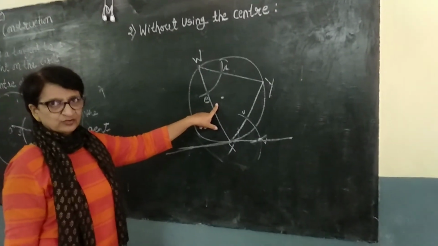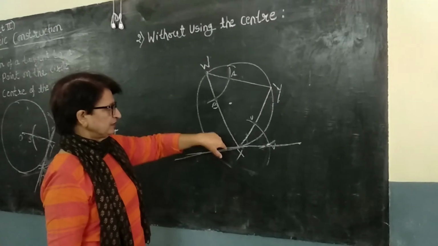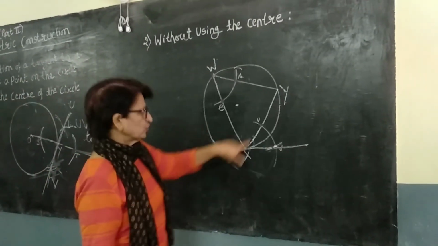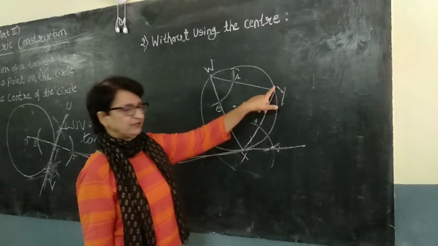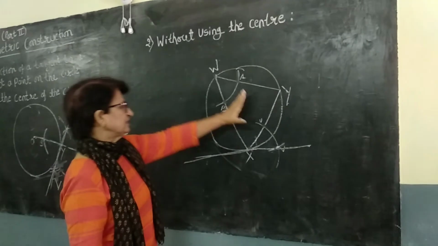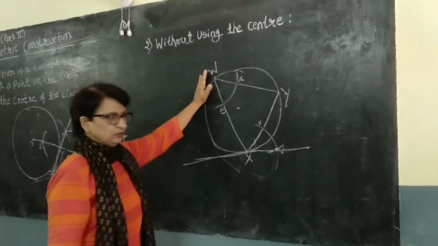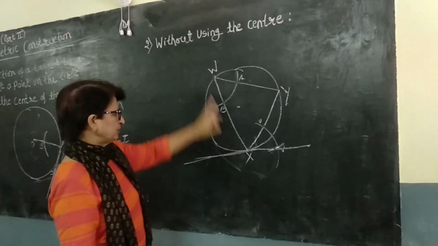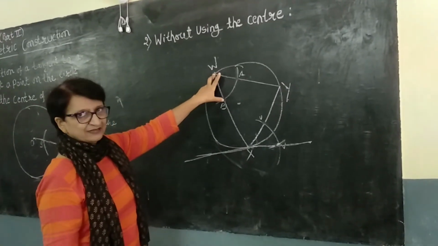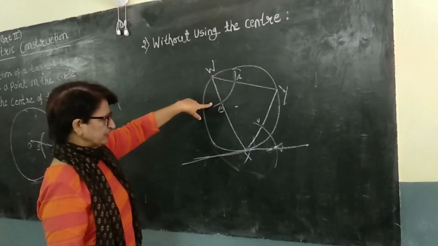I'll explain it once more. Draw a circle. This is the point X from where I have to draw the tangent. I took another point Y, I made a chord XY. On the opposite side of the center, I took a point W, joined YW and XW. After that, I took a convenient radius, drew an arc AB.